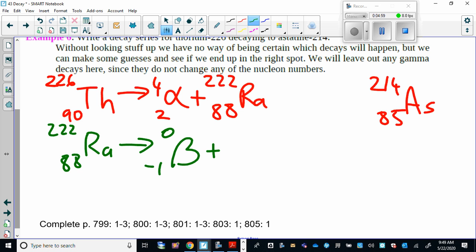The other thing you could have done here was a beta positive. If we do a beta negative here, this is going to get it to an odd number, and we want an odd number there. So I'm going to do a beta negative decay here to get it to an odd number, and that turns it into actinium.